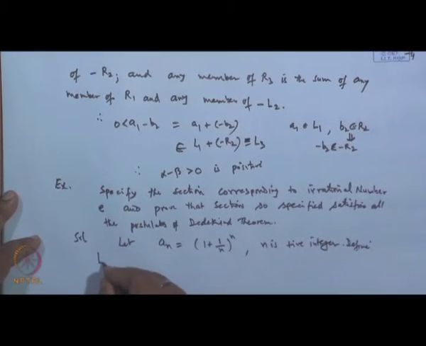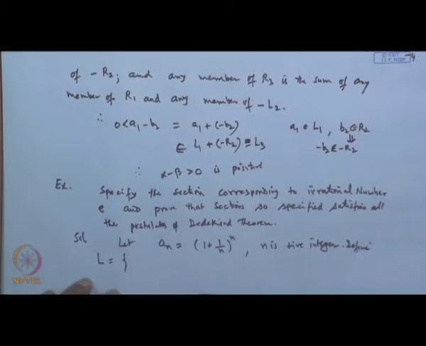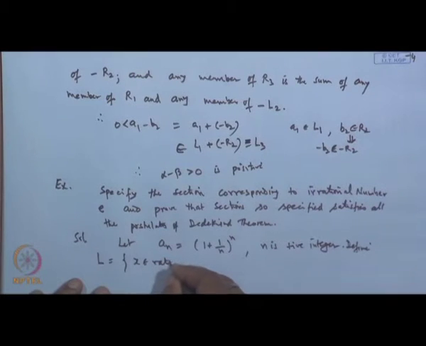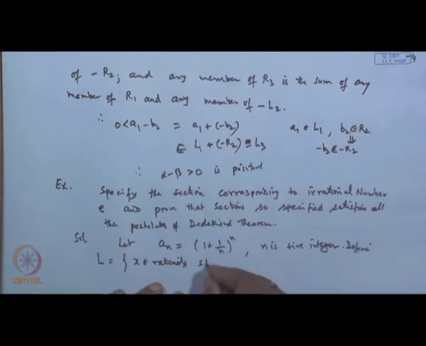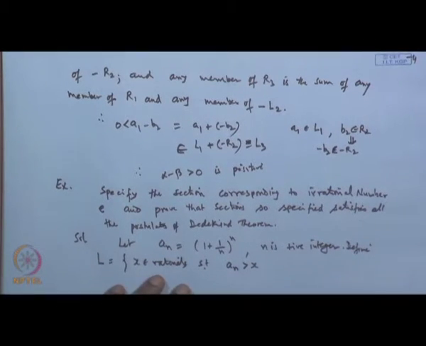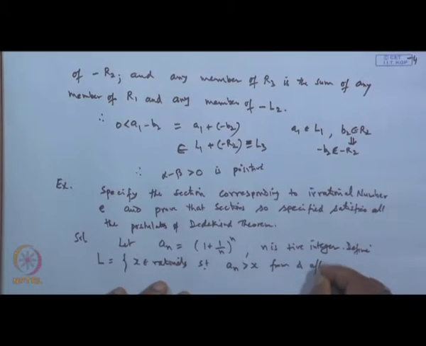Define the lower class L as the set of those rational numbers x such that a n is greater than x from and after some fixed value of n.